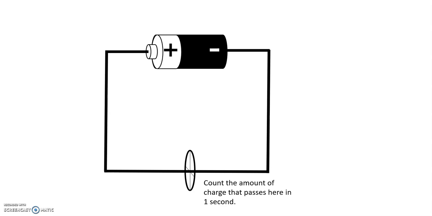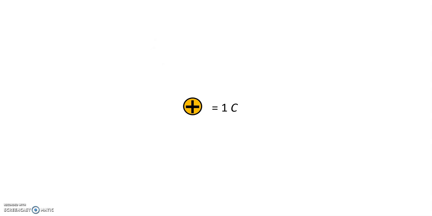Now the important part is you are not counting the amount of particles, you are counting the charge that goes through it. So the overall charge for all the particles that pass through it in 1 second. Just for this video, I'm going to make it really simple. We're going to say that one particle with a positive on it has a charge of 1 coulomb.